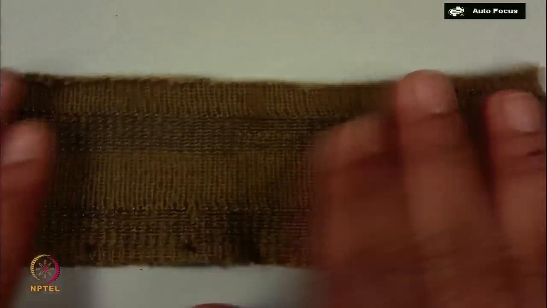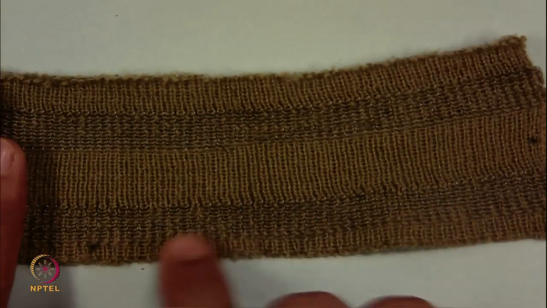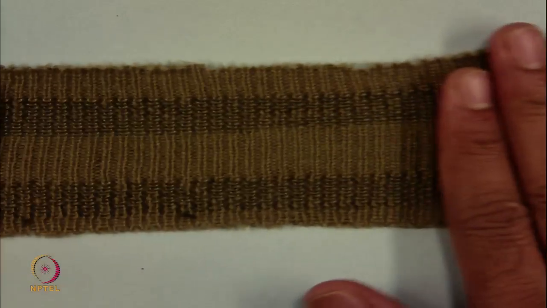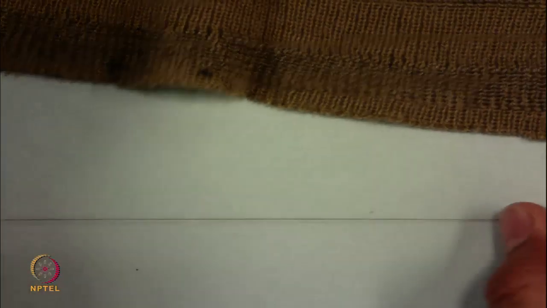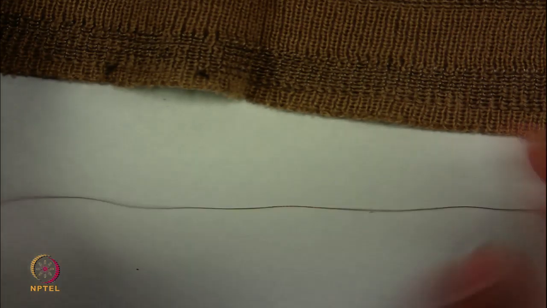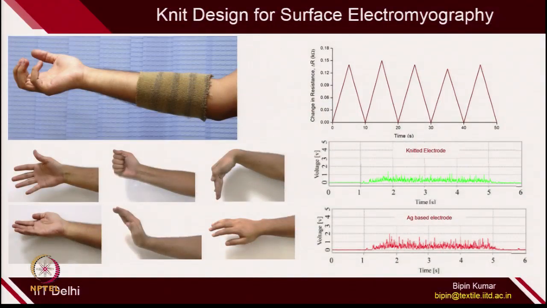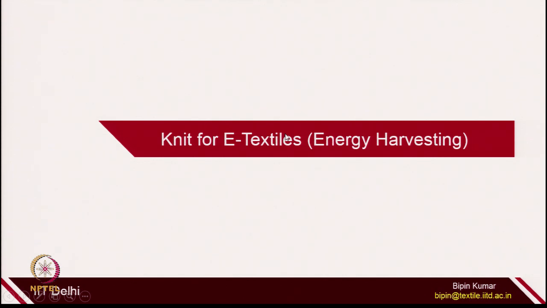You can see the conductive filaments are integrated in the fabric. These are some of the conductive filaments. There are different types of conductive filaments now available in the market: silver based, copper based, steel based, and depending on the application you can choose different types of conductive filament.